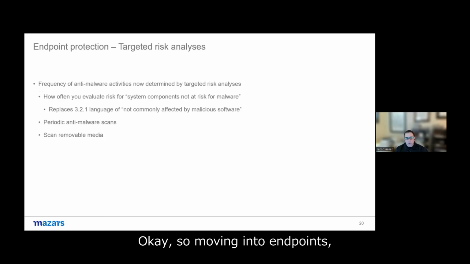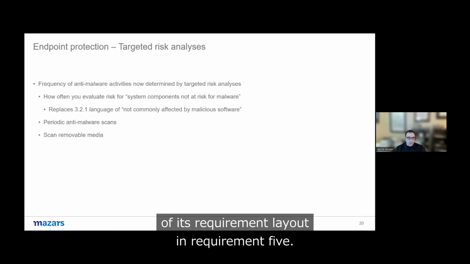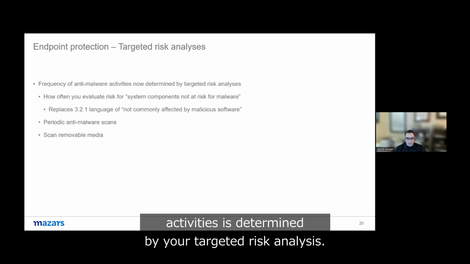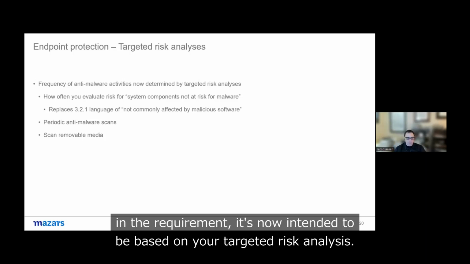Okay, so moving into endpoints, we are jumping back and forth both directions in the PCI DSS in terms of its requirement layout. In requirement 5, now the frequency of anti-malware activities is determined by your targeted risk analysis. So instead of making sure that scans are run on a fixed period specified in the requirement, it's now intended to be based on your targeted risk analysis.